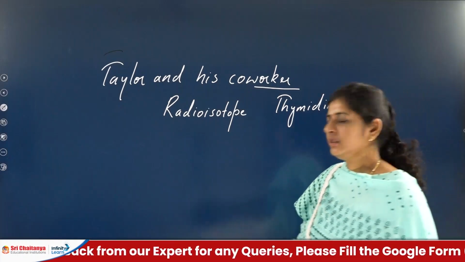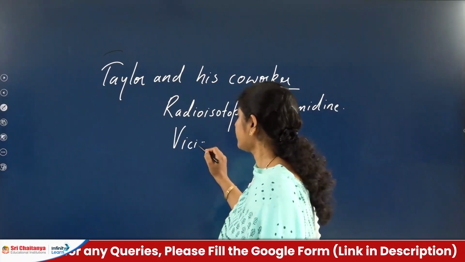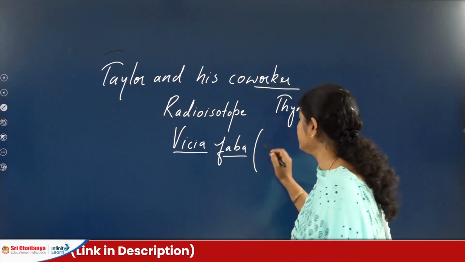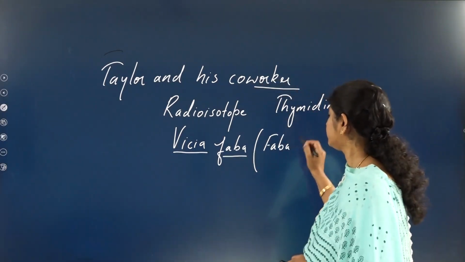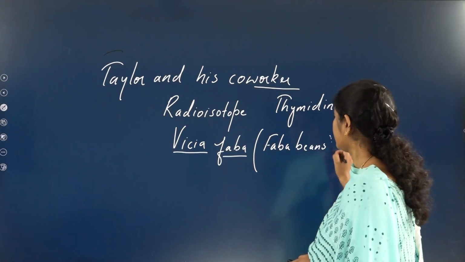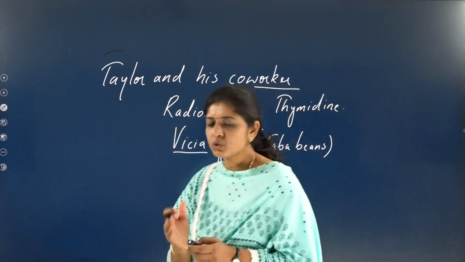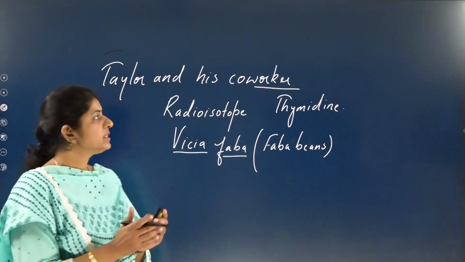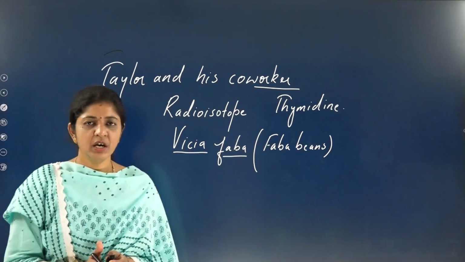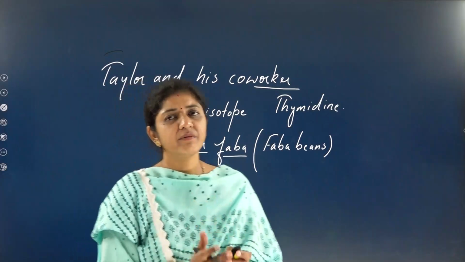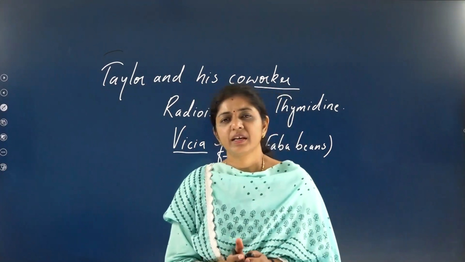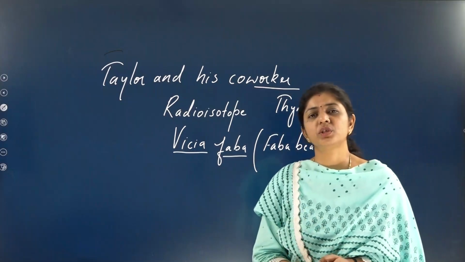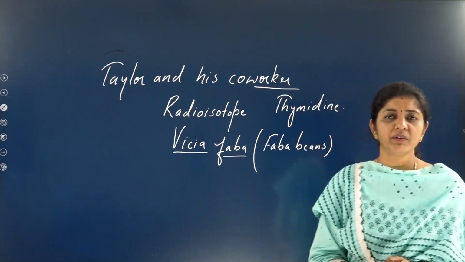And in which specimen? In Vicia faba, which you commonly call faba beans. So even at the chromosomal level, they described the semi-conservative process. That was done by Taylor and his co-workers, but the one using E. coli with the heavier isotope of nitrogen was done by Meselson and Stahl. So this is about the experiments showing that replication is a semi-conservative process.